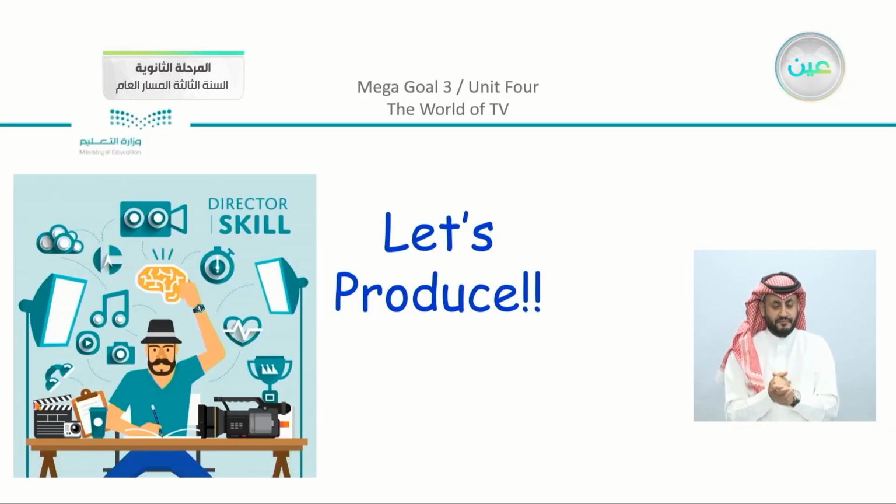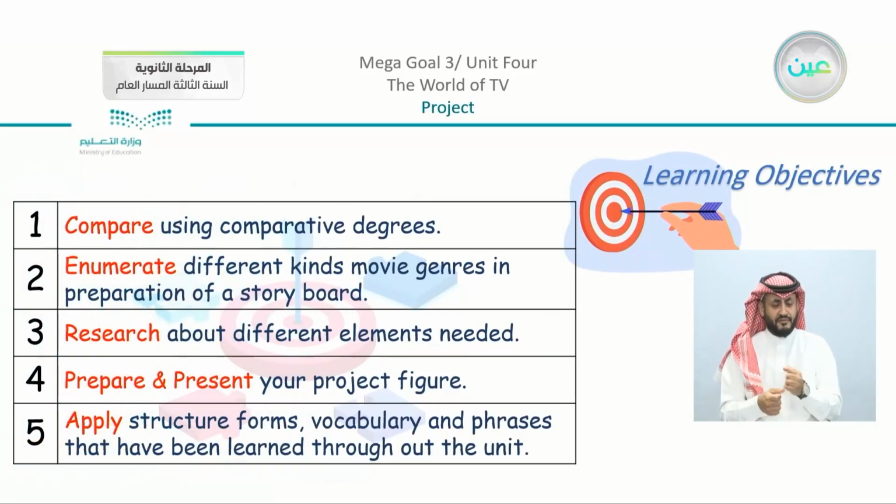Now this is something interesting that we are going to do as a project, but first, let's just read the objectives that we have. Number 1, to compare using comparative degrees, which we have done. Number 2, to enumerate different kinds of movie genres in preparation of a storyboard. Number 3, to research about different elements needed.